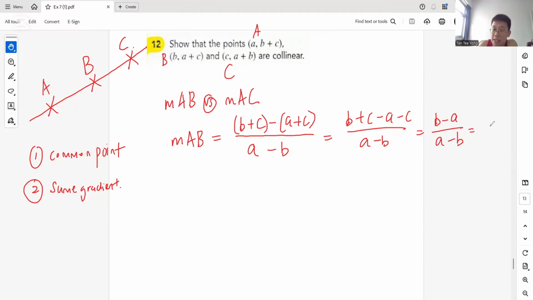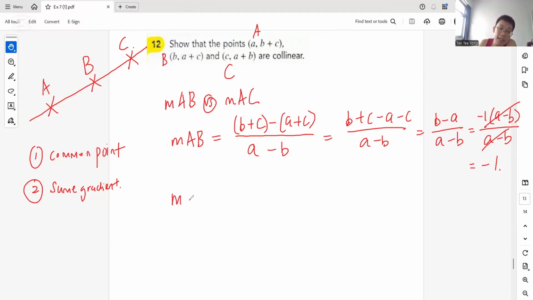You can simplify it more: negative 1 times (a minus b) over (a minus b), cancel this out, and the gradient is negative 1. So the gradient of AB is actually negative 1.